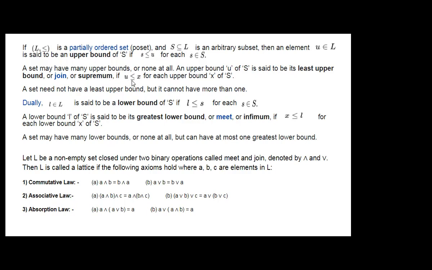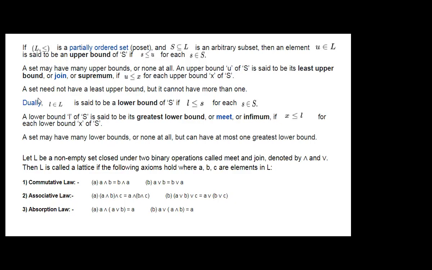If U is less than or equal to X. U is smaller than X for each upper bound X of S. This will be treated for all X. The X are the upper bounds, but what we want is the least upper bound. So this is the case.